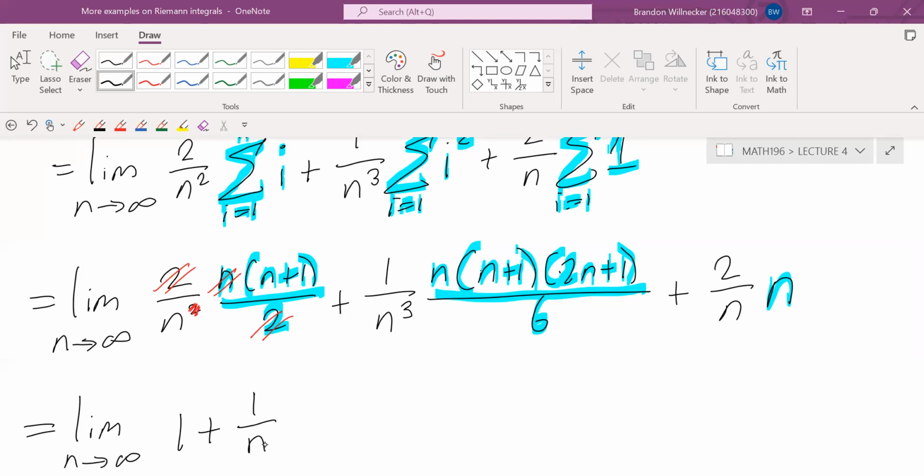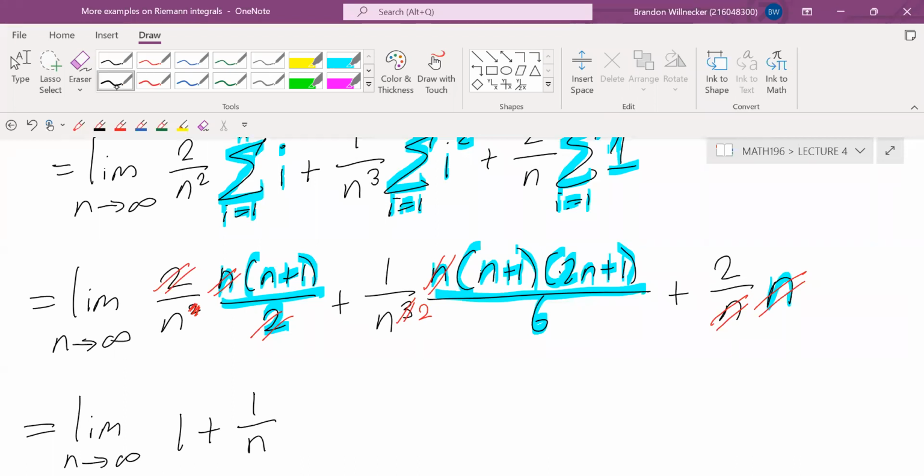Now for the second term, we have an n in the numerator and an n cubed in the denominator. So that n can go, and then the n cubed will become an n squared. And then for the last term, we've got an n in the numerator and n in the denominator, they're going to cancel out.